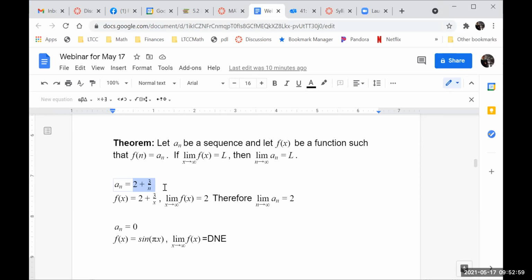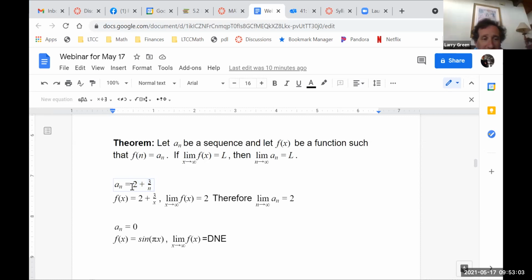Larry, what if you start at 0 and then move to 1? Doesn't that go from 2 to 5? First thing this implies, you don't start at 0. And we're only looking for big numbers. Big numbers is all we care about, by the way. But 0 doesn't even work. Can't even plug in 0. Does that make sense? So if I plug in 1, I get 5. If I plug in 2, I get 3.5.